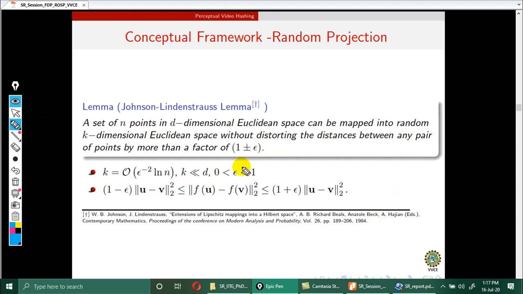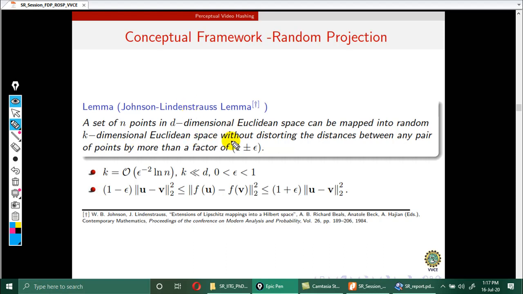Okay, now suppose there are n points in high dimensional space. Everyone wants to reduce the dimensionality, right? So now we are using the random projection technique to reduce the dimension, where d is the higher dimensional space and k is the lower dimensional space. These n points were in high dimensional space; we have applied random projection and now have n points in k-dimensional space.